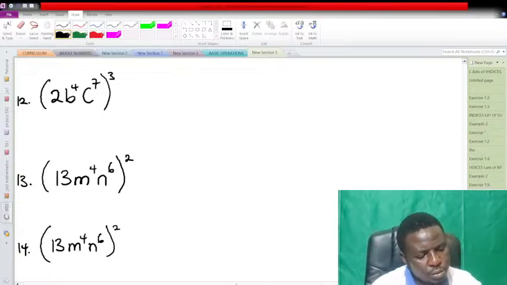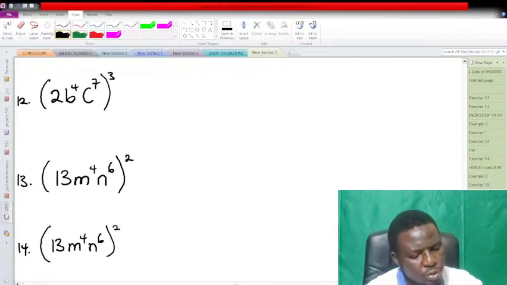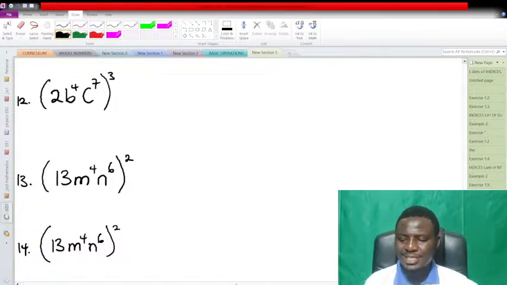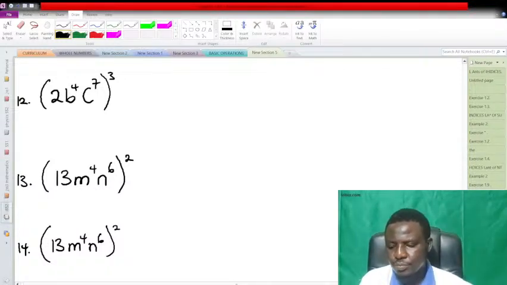Okay. Number 12, we said is 2 to the power of 3 times b to the power of 12 times c to the power of 21. That's correct. Number 13.